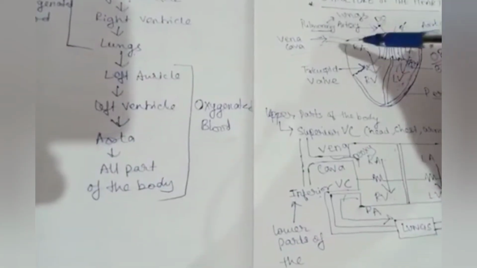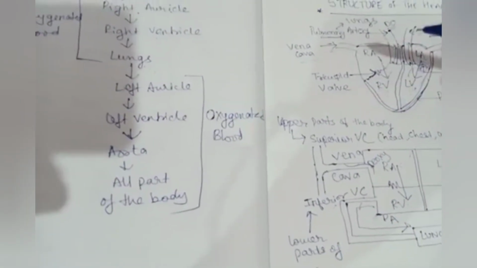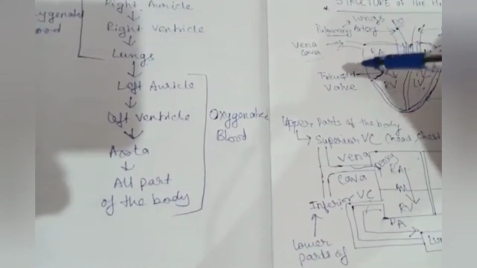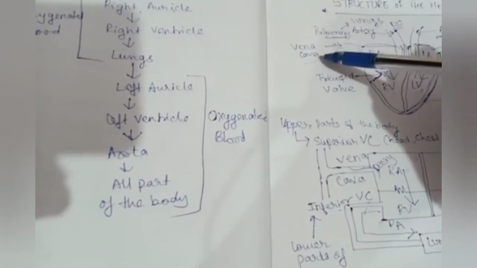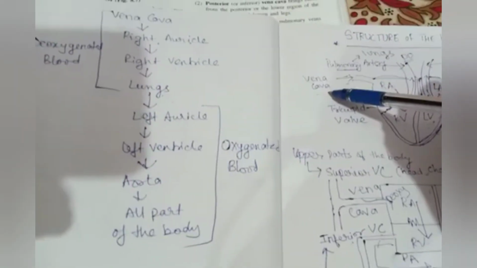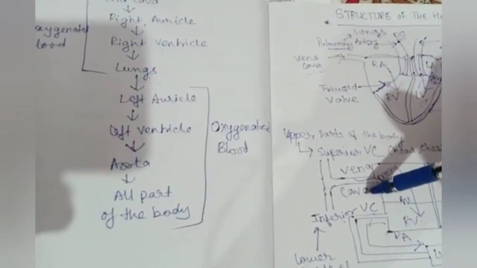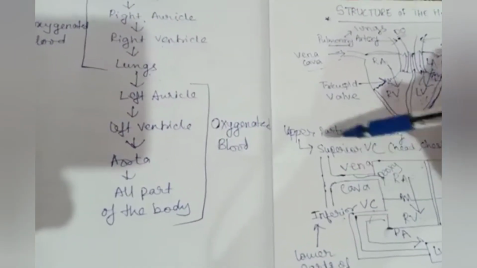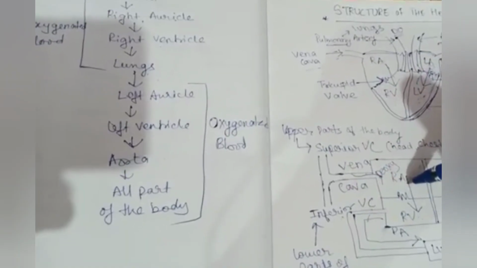What you need to learn in this is all the names of the arteries and the veins that are there, and what type of blood they carry. If I take the example of vena cava, what is the function of vena cava? Vena cava takes the deoxygenated blood from the upper and the lower parts of the body to the right auricle.